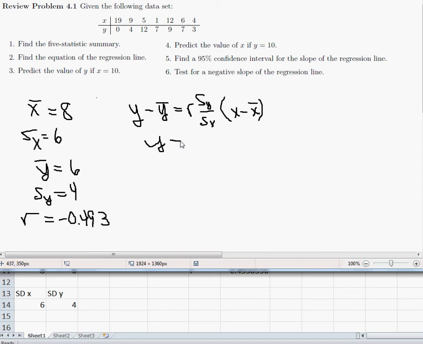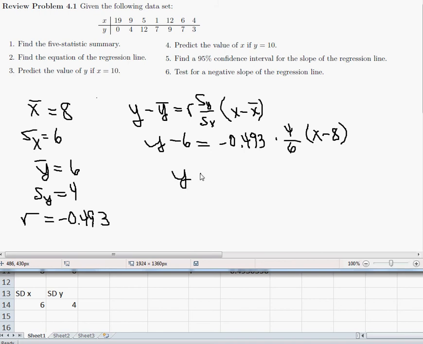So y minus 6 equals negative 0.493 times s sub y, which is 4, divided by s sub x, which is 6, times x minus x bar, which is 8.